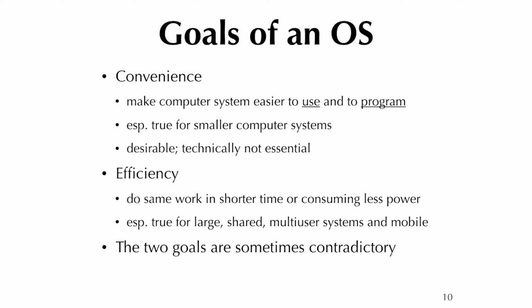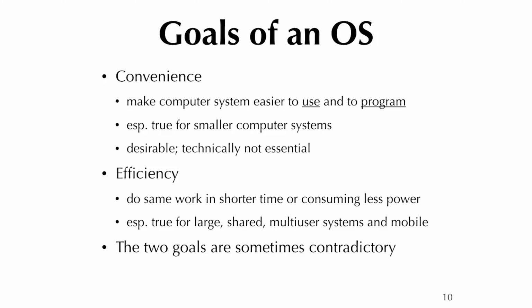Goal of the OS, we talked about this a little bit: convenience, make the computer system easier to use and to program. Program, that's for developers. And now convenience is especially true for the smaller computer systems. It's a desirable feature and helps you sell lots of units, even though technically not essential to a computer system. Efficiency certainly is desirable because you want to do the same amount of work in a shorter amount of time using less resources, less power, and so forth.